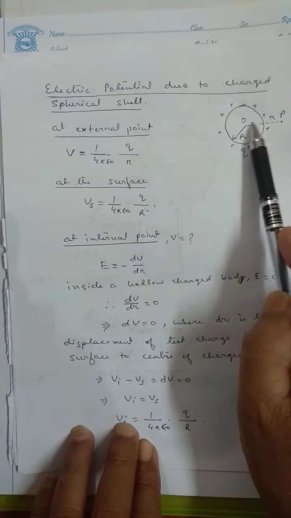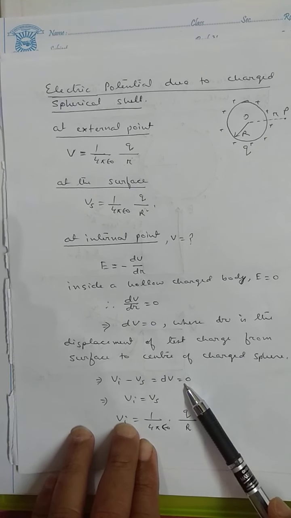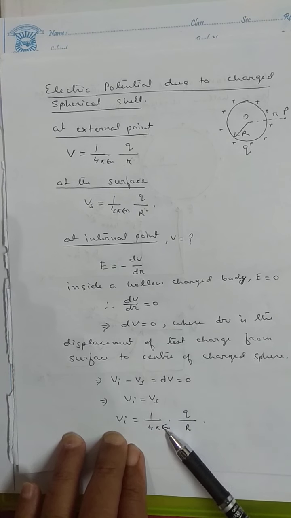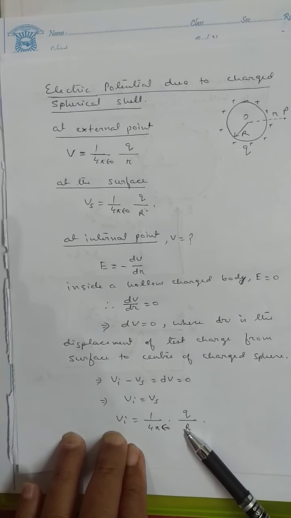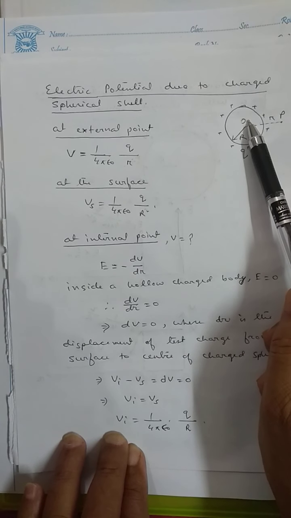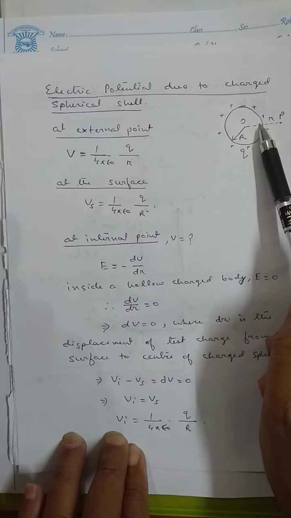But what is dV? dV means Vi minus Vs. Vi minus Vs is 0, so Vi is equal to Vs. What is Vs? 1 by 4 pi epsilon 0 Q by R. That means at an internal point of a hollow charged body, potential is constant and its value is equal to the potential at the surface of the charged conductor.